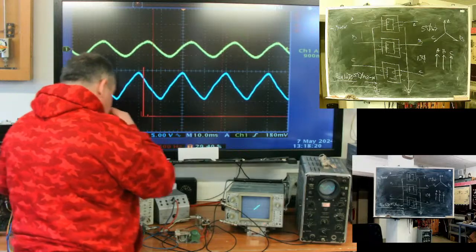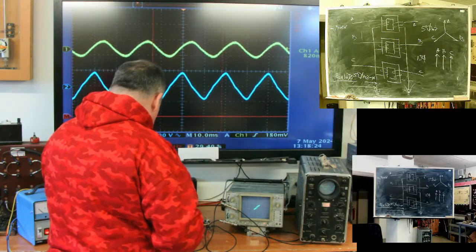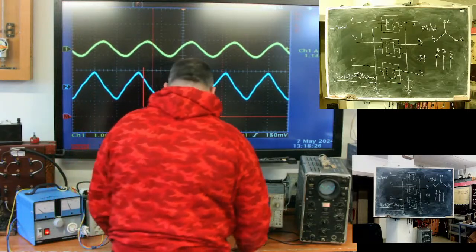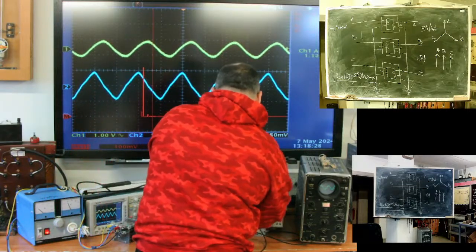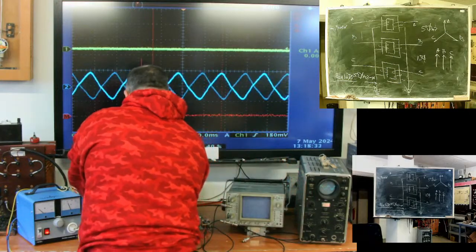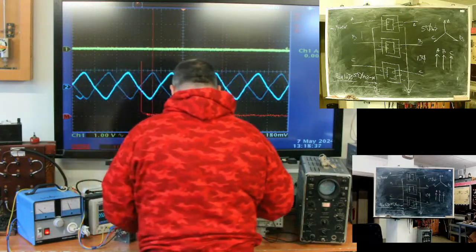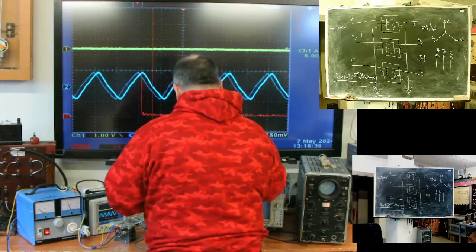First, I need a secondary voltage. Where can I get the secondary voltage?